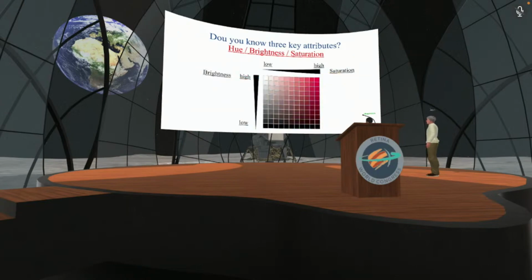Finally, saturation describes the vividness or dullness of color. The higher the brightness of the color, the closer it becomes to white when the saturation decreases. And the lower the brightness of the color, the closer it becomes to black when the saturation decreases.